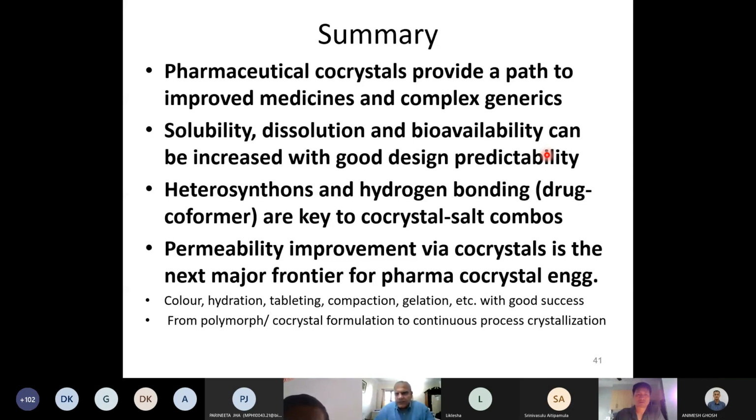So we have a very robust chain of pharmaceuticals coming out of the pharmaceutical crystal engineering principles, which we are now familiar with. So solubility, dissolution, bioavailability, we have, I think, good models. I will not say they are predictable, but at least we have a rational approach to how to target them given an API. Heterosynthons and hydrogen bonding are extremely important.